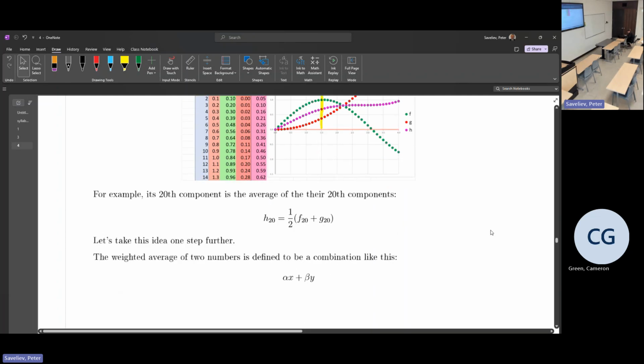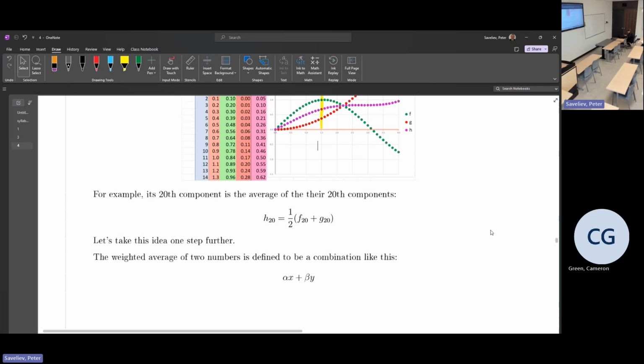Weighted average is what we start talking about if we go beyond the average when the weights are equal. The combination is alpha x plus beta y, and you are familiar with weighted averages. Anyone? We use them all the time. When?